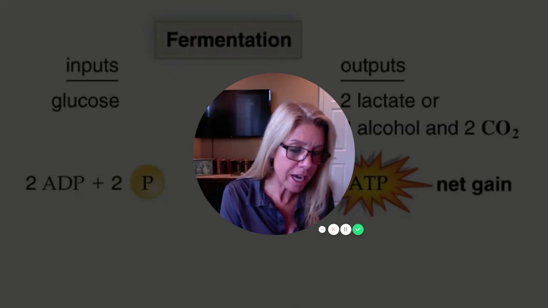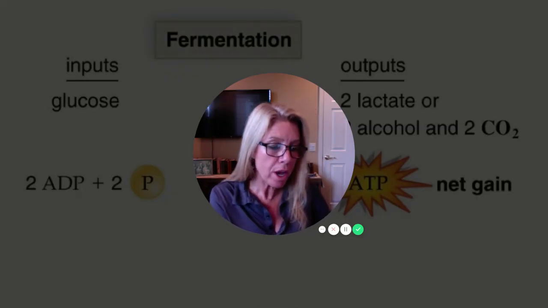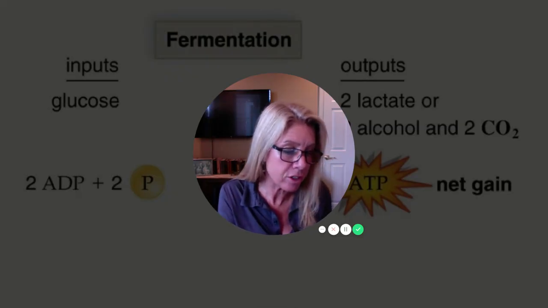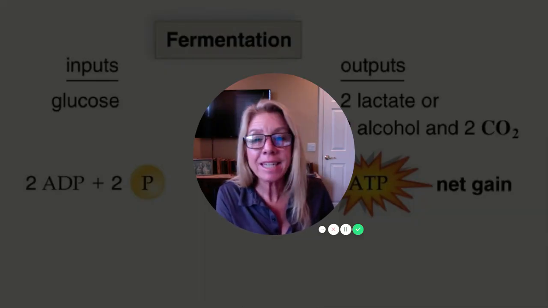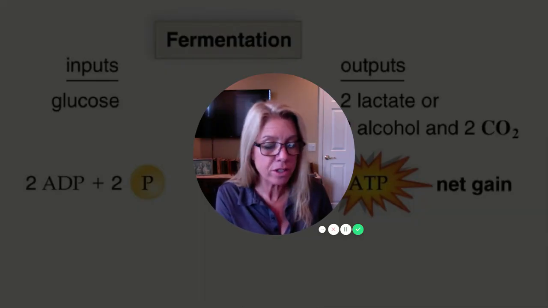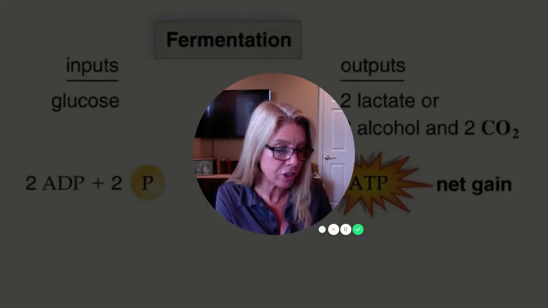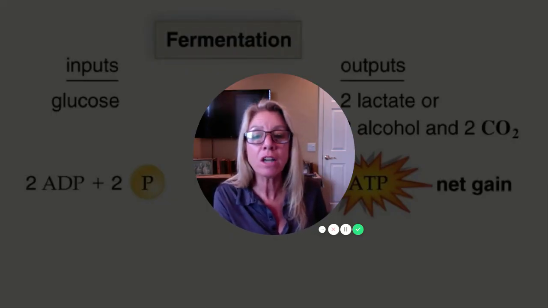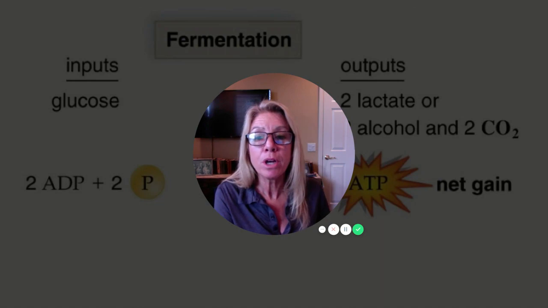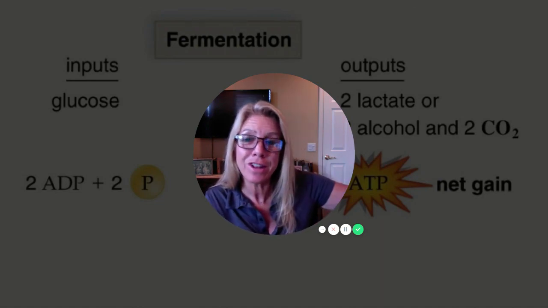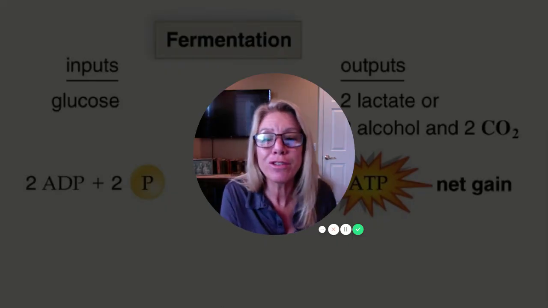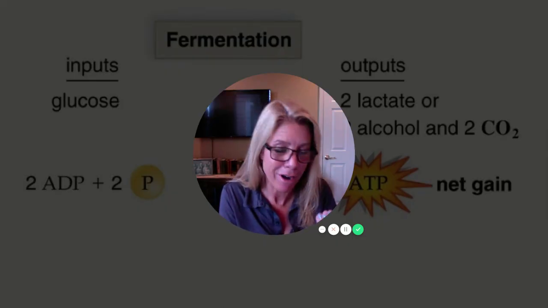So oxygen debt, breathing heavy, it is the required amount of oxygen necessary in order to rid our cells of lactate. And lactate is toxic to the cell, it changes the pH, and you need oxygen to oxidize it back into pyruvic acid so you can send it into the mitochondria so that you can use it more efficiently, right?